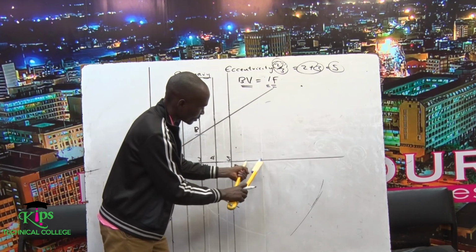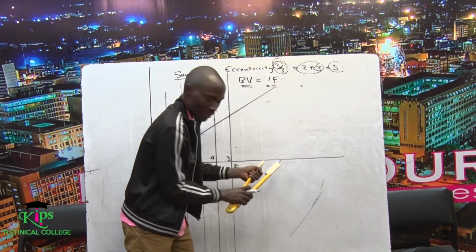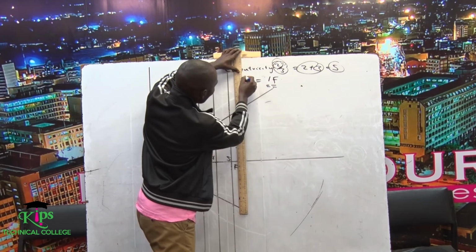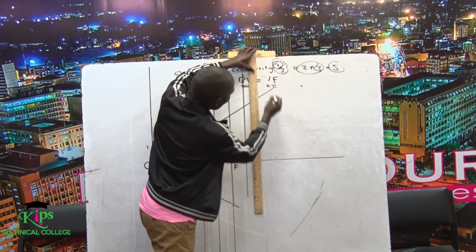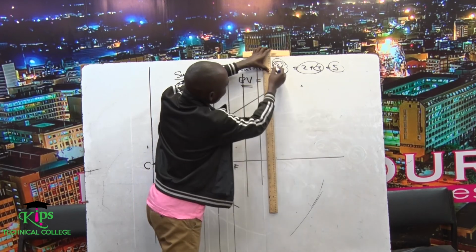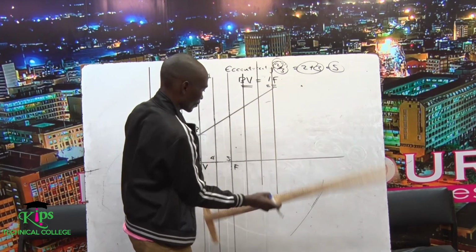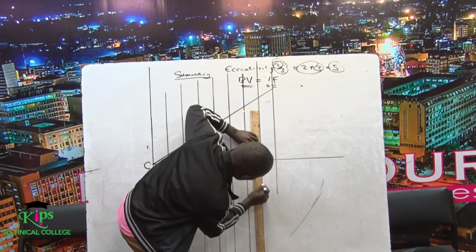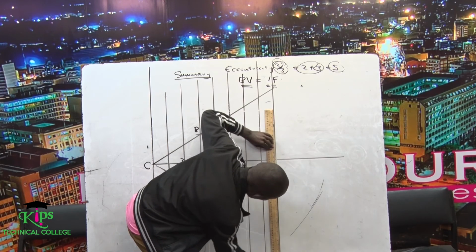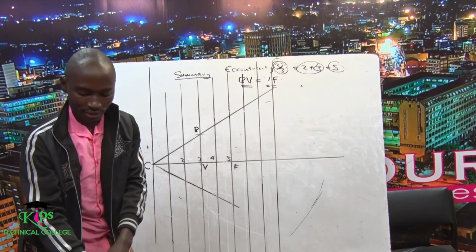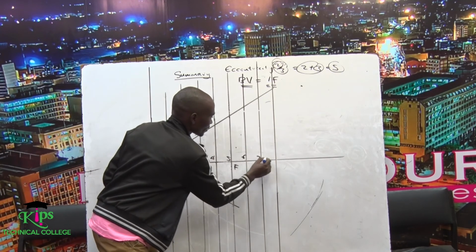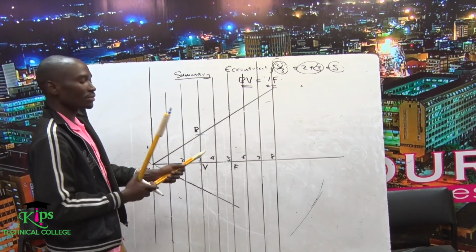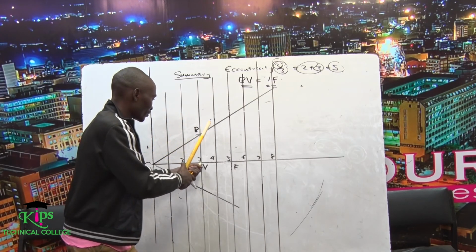I can extend, so that is what I did. Then from there, you can continue 6, 7, 8.